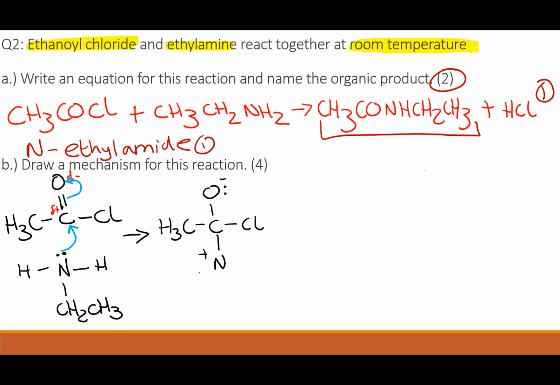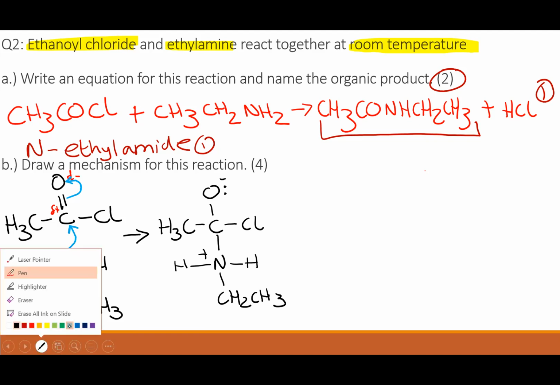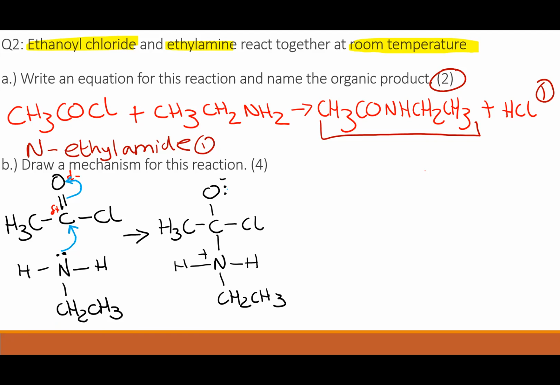Add on the nitrogen, positive charge, hydrogen, and then your CH2CH3. This time, remember that because of that lone pair, we're going to reform that oxygen bond, and then your chlorine's going to be eliminated off here. So we've got that arrow there.